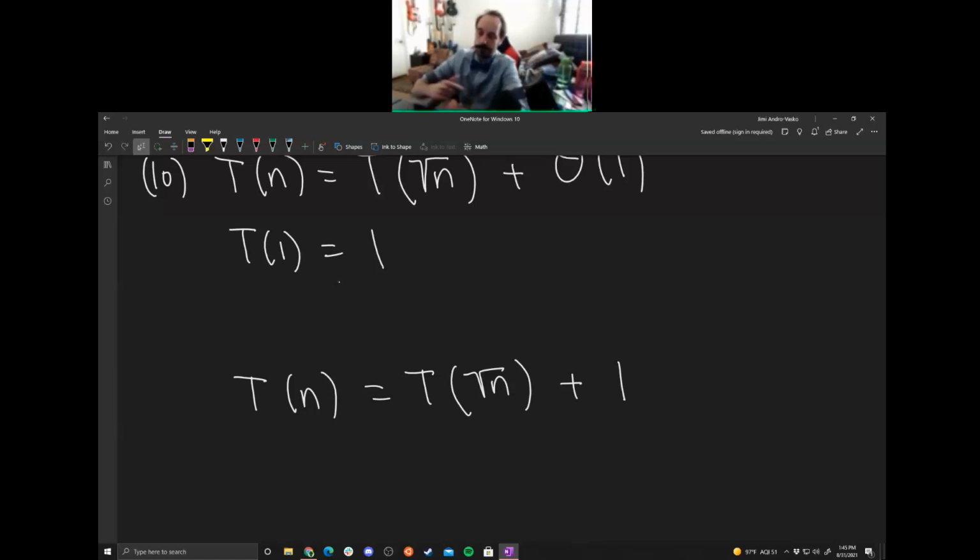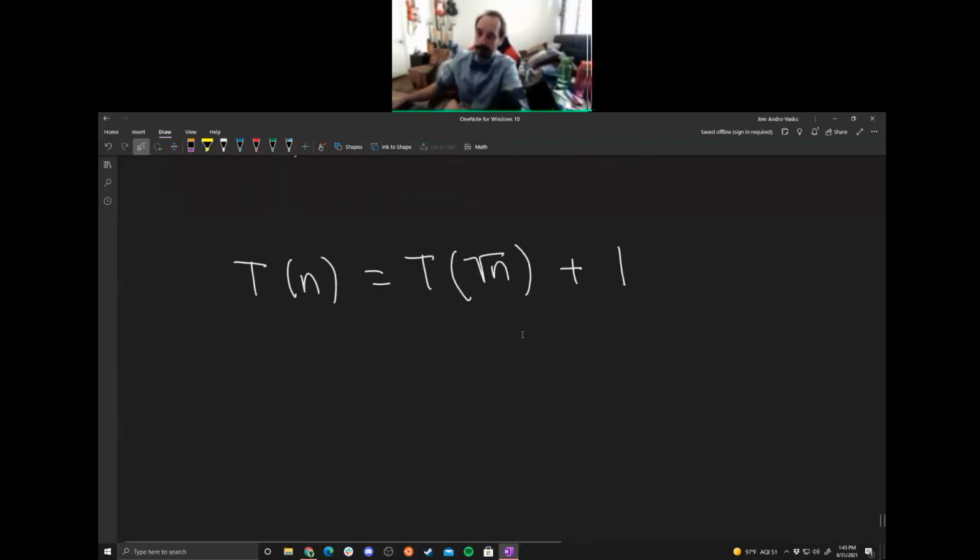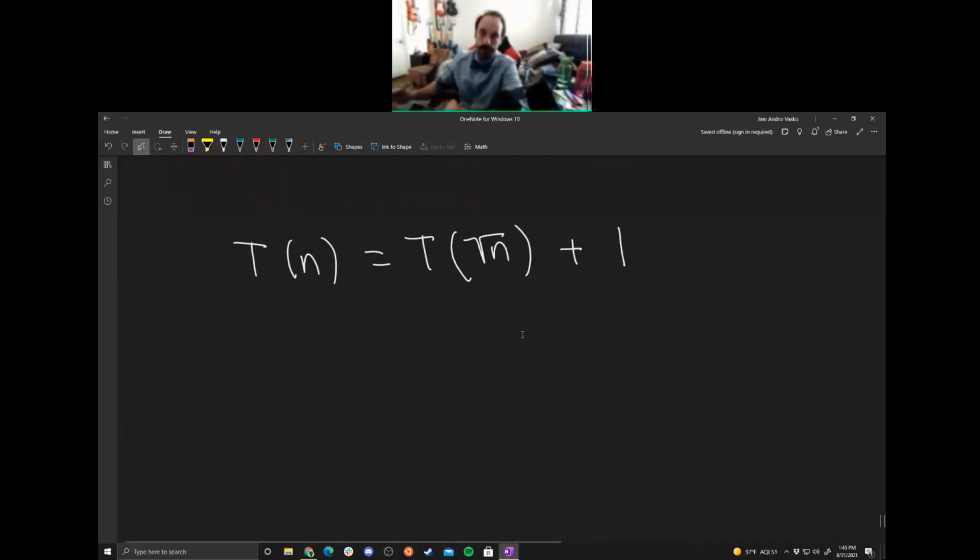So what we can do right now is a substitution. We're going to say let n equal 2 to the power m, and therefore m would have to be log 2 of n. So we're going to rename n to a new value.